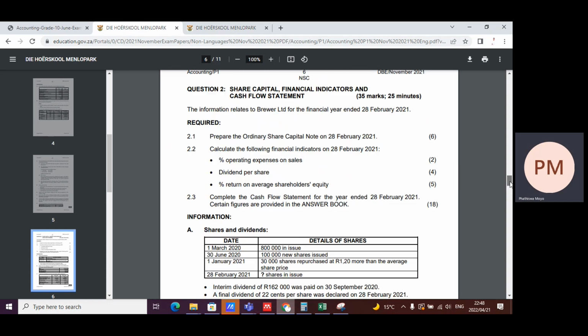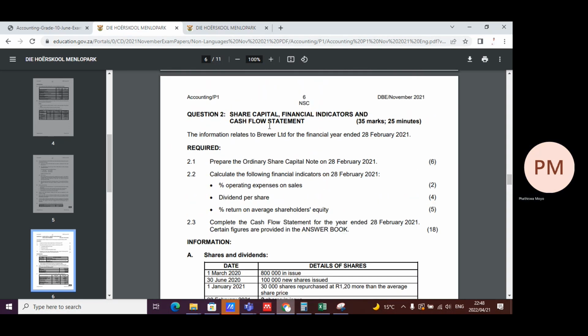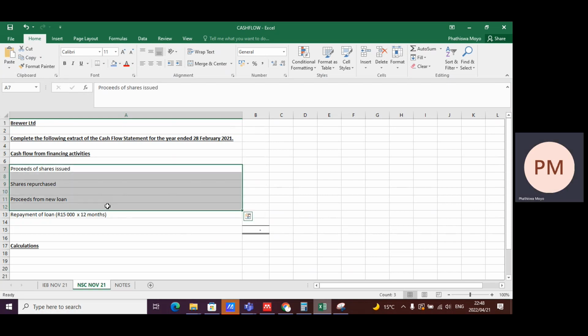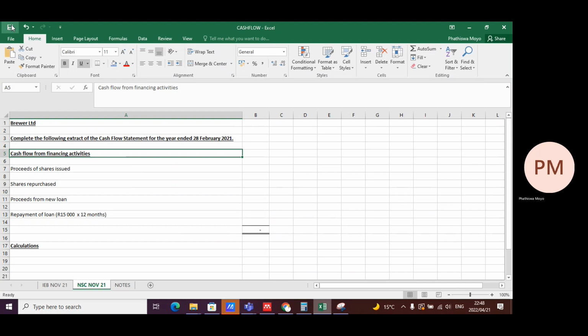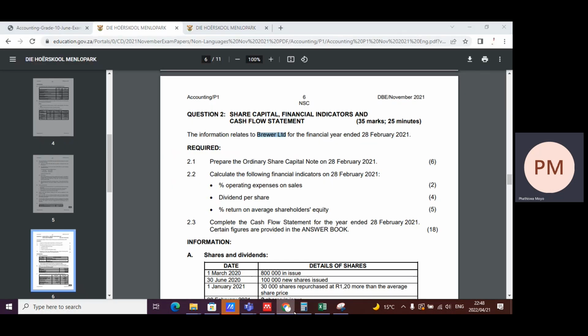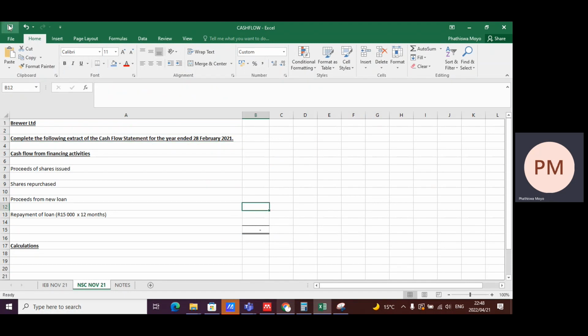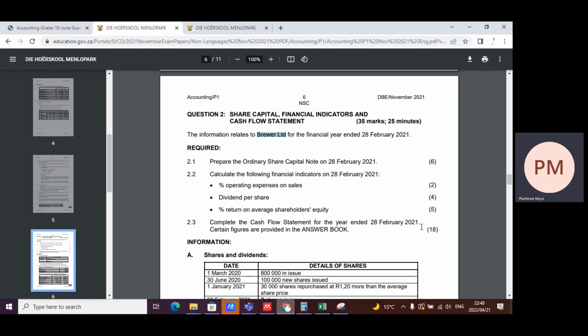Now, we need to get our client name. Our client name is Brewer Ltd. What's their financial year end? 28 February 2021. First things first.